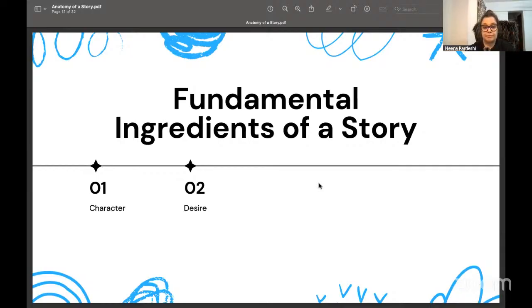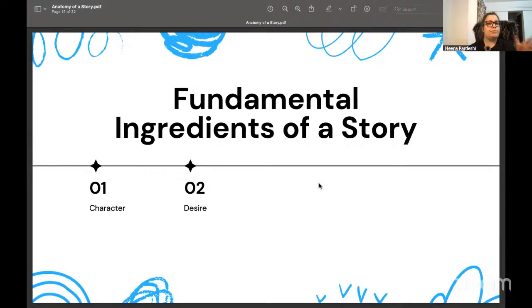With the desire, if we have nailed the desire, then the story will move forward without any problems. Even if the desire keeps on changing, because the goals and the desires of your character will keep on changing as we move from Act 1 to Act 2 and then to Act 3.